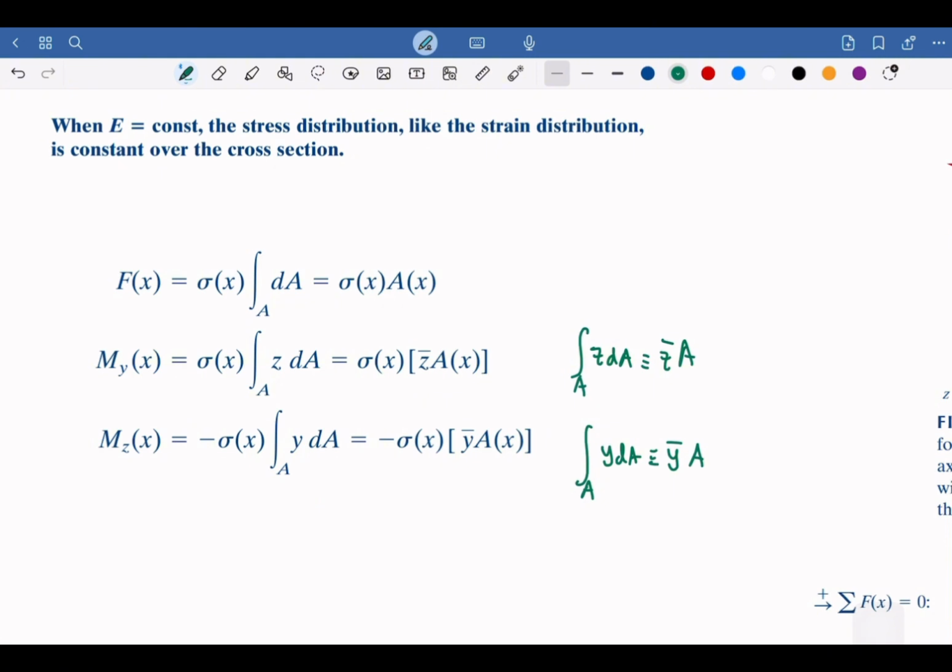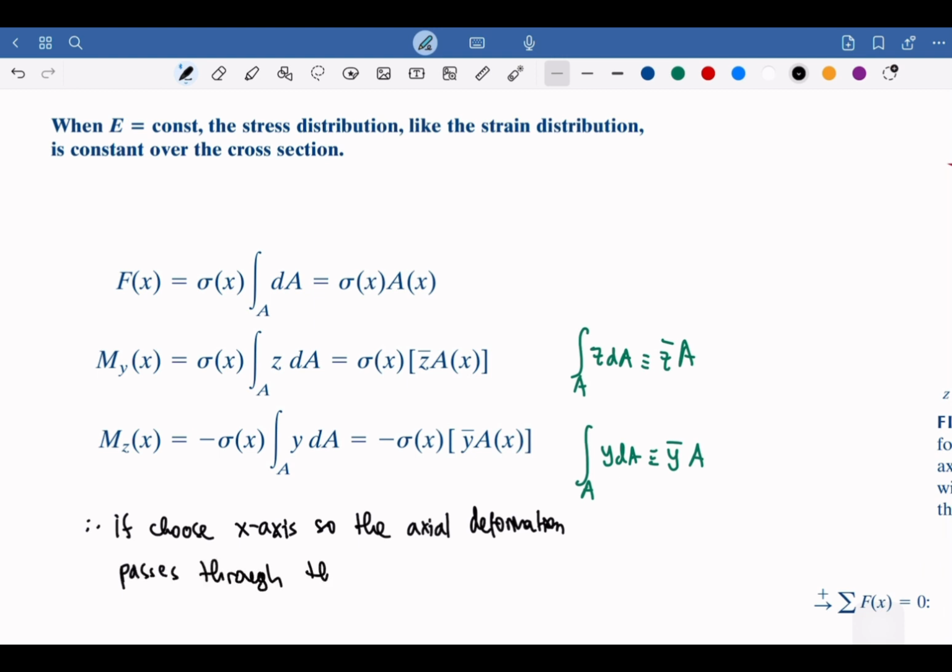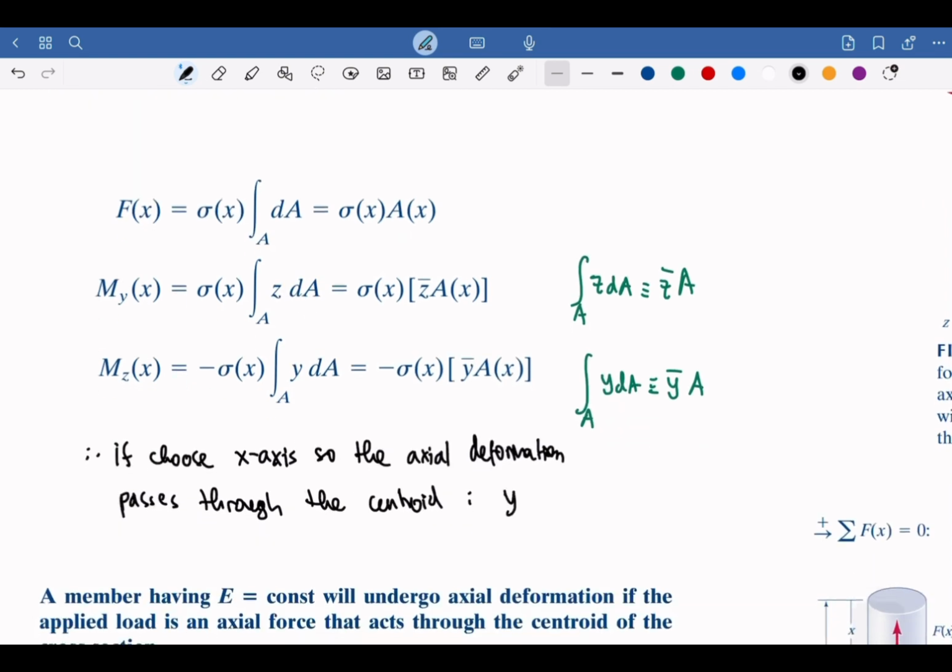And then if we choose the x-axis, so the axial deformation passes through the centroid, which means all the centroid y bar will be equal to z bar will be equal to 0.